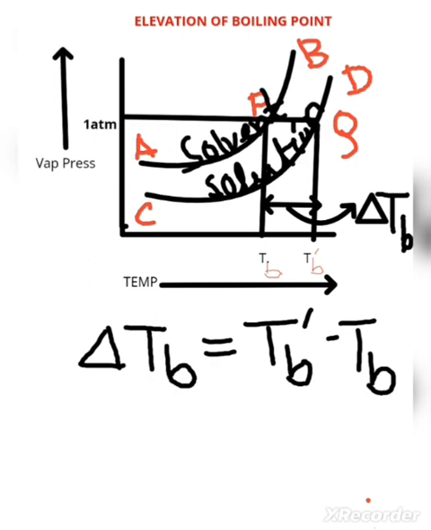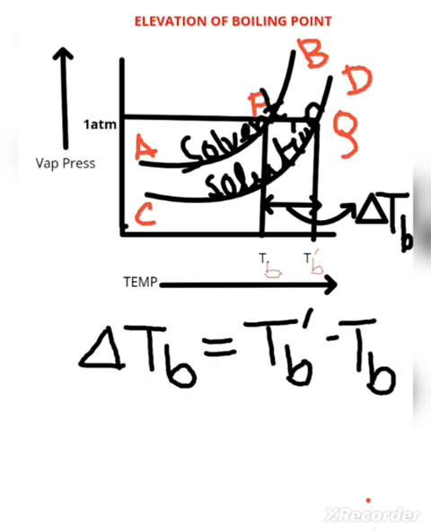Because when a non-volatile non-electrolyte solute is added to a solvent, the upper surface area is covered by the solute particles. That is why the effective surface area decreases, and for this reason the corresponding vapor pressure also decreases. So that's why the AB curve is higher than that of CD.